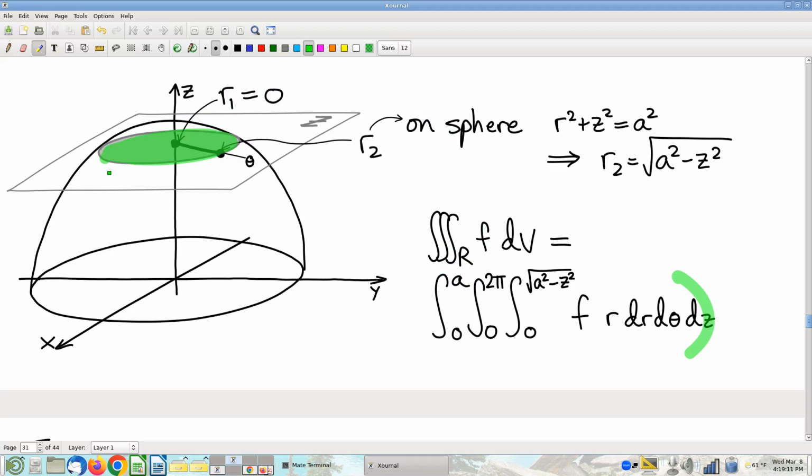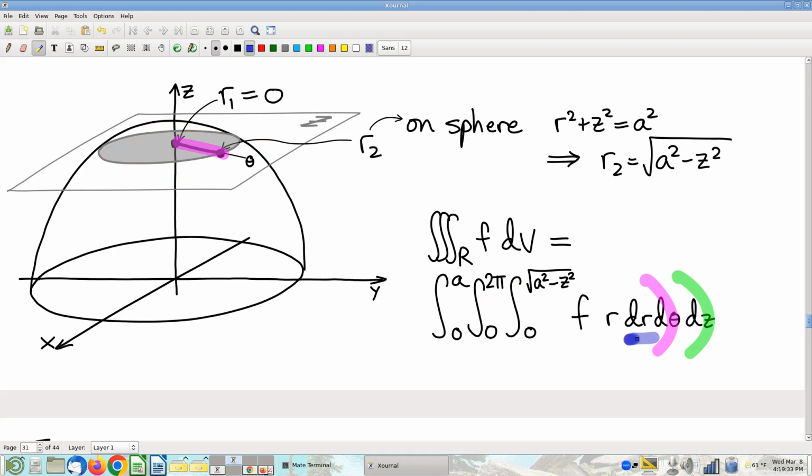Looking at that Z slice, now let's talk theta. What can I say about theta? Well, theta is going to go all the way around. So, 0 to 2 pi. And then lastly, looking at our theta slice, an arbitrary theta slice there. Let's see, what is remaining?